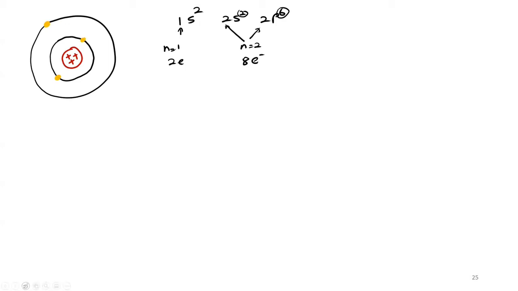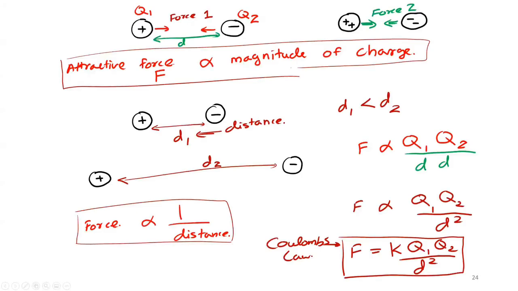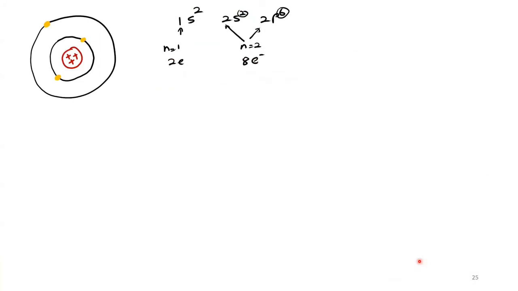Now let's think about this Coulomb's law we wrote here. We have charges. We have distances. How is that related? We have charges, the protons' positive charge, electrons' negative charge, and with the increasing energy levels, we have changing distances.